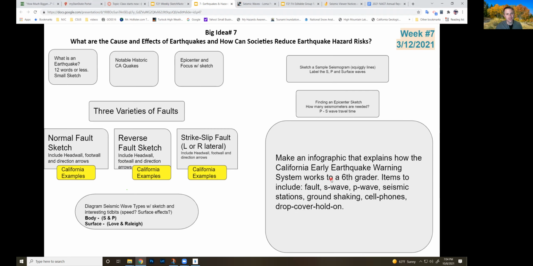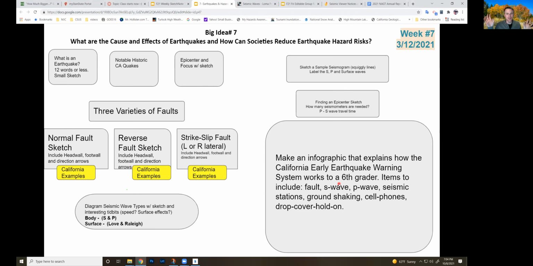And then you can watch that little video clip again if you need to from the slides to show how that earthquake early warning system works. But it's basically, the fault ruptures, sends out the P waves and the S waves, and those seismic stations pick up the P waves and the S waves, calculate how far away it is, find the epicenter, and try to figure out how much ground shaking there's going to be.